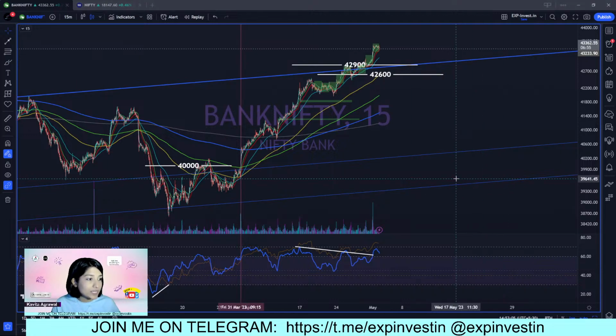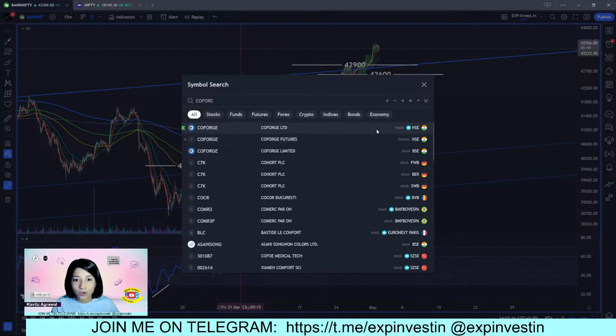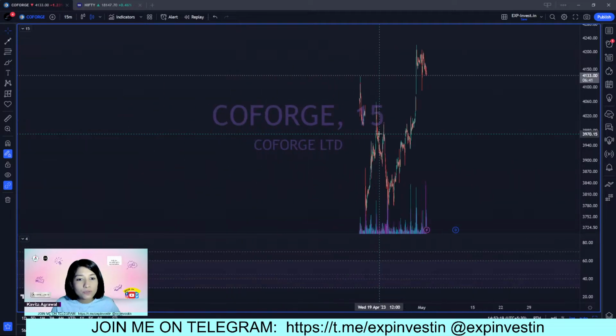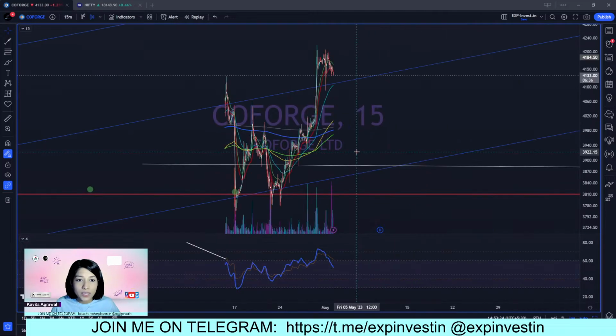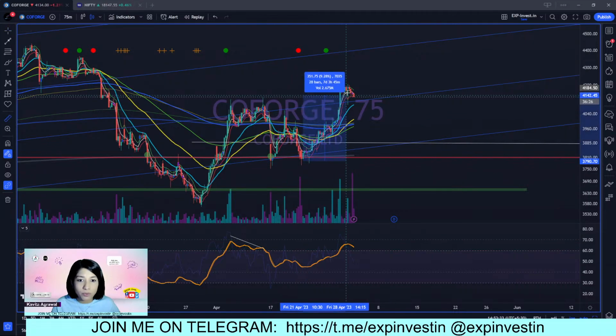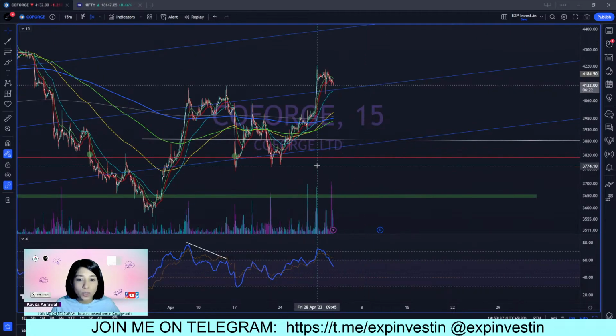We have Raghava. He says he's bought Coforge at 3780. Should he exit or stay? Let's take a look at Coforge for Raghava. Coforge is showing very strong momentum. You bought it at 3780, which means you are already in pretty good profits, about 10%. So I would suggest that you don't book your profits right away.